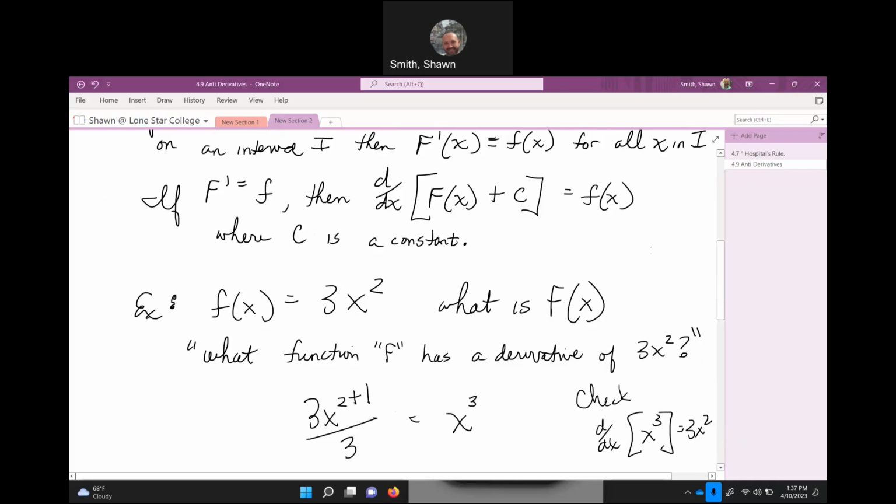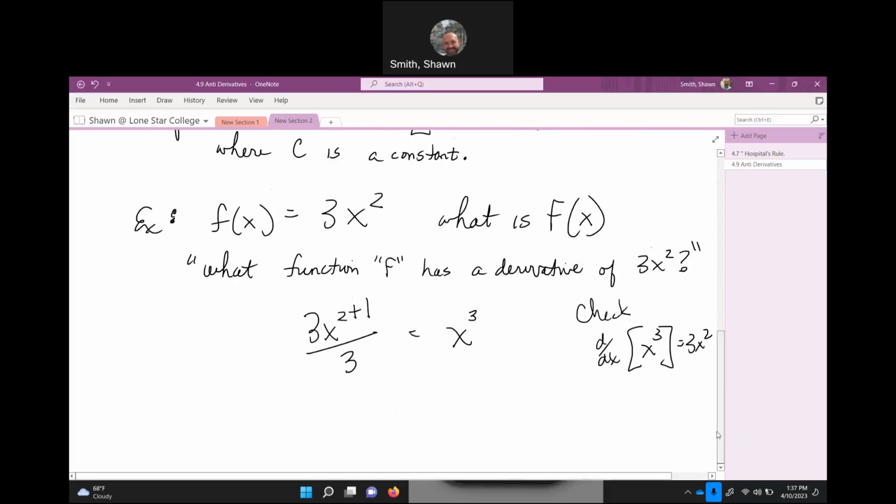So especially if it's just nice polynomials or simple terms where the power rule in reverse can be used, that is really easy. All we're doing is write what we see there, increase the power by 1, and now divide by the new power. So that's your tip and technique to find antiderivatives. Increase power by 1, then divide by new power.